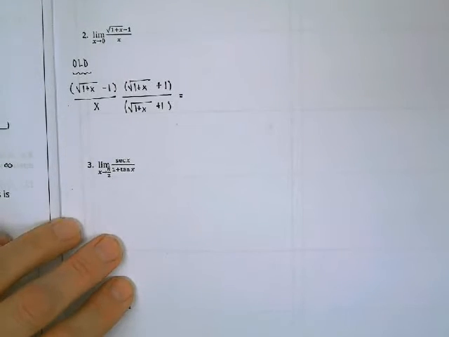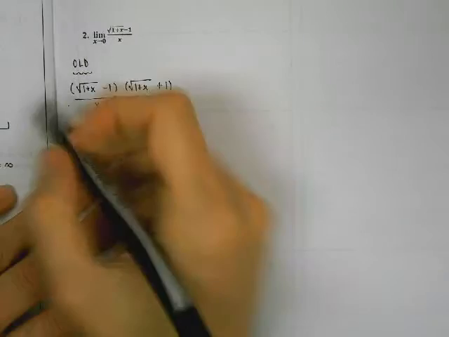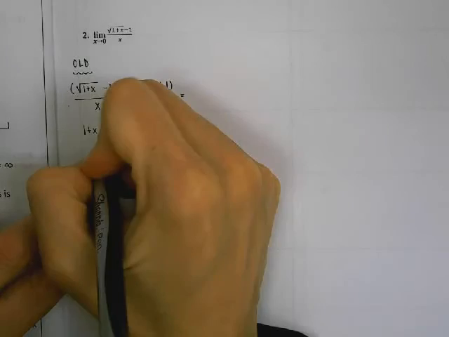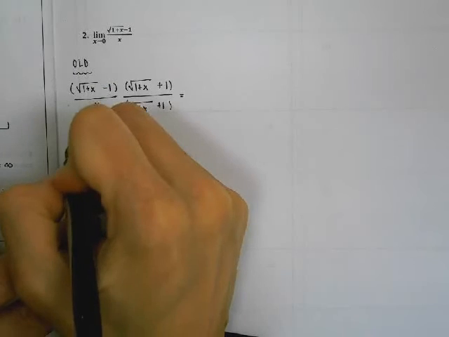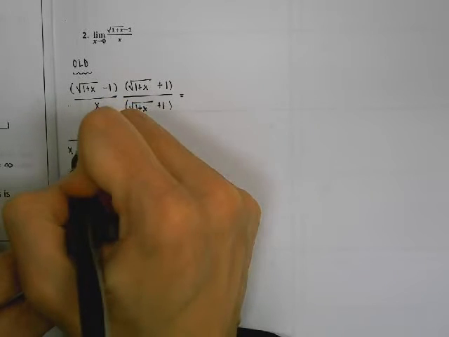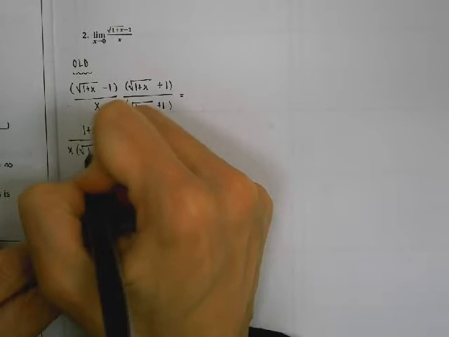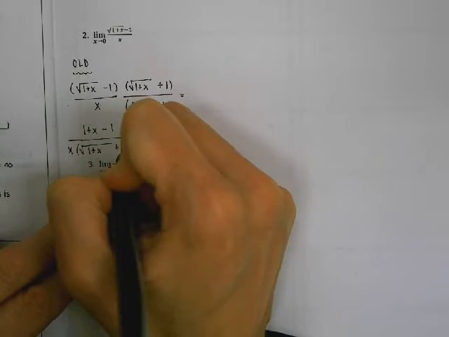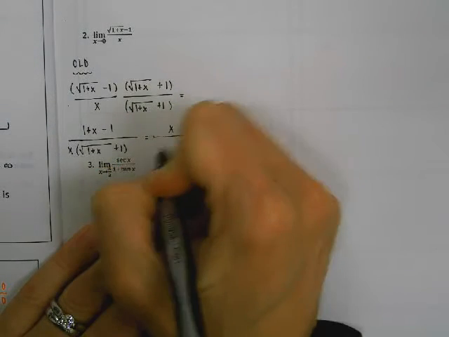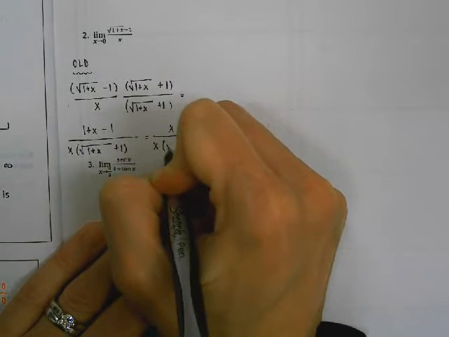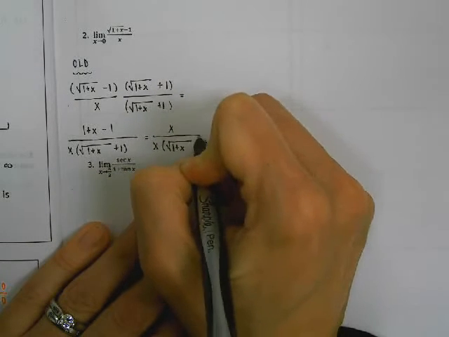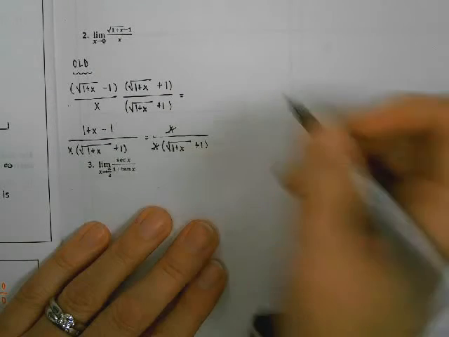Okay, and then we went through and did all our algebra magic. So when I FOILed the top, I ended up getting 1 plus x minus 1 all over the x times the square root of 1 plus x plus 1. And if I simplified my numerator, I got x. In the bottom, I still had everything down here in the denominator. And then I could cancel an x.